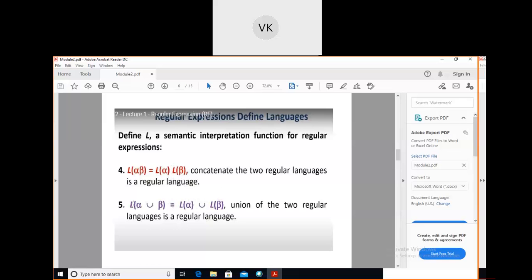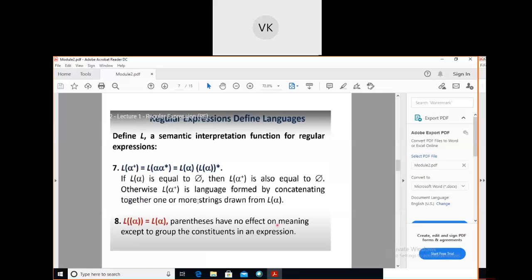No need to worry about how it is L here. L is a regular language here. All these things we have discussed earlier. Observe what plus and star mean. Plus means the symbol should appear at least one time or it may appear many times.